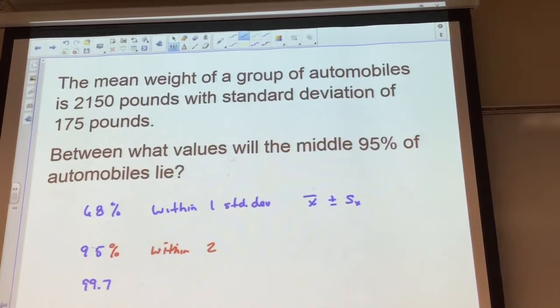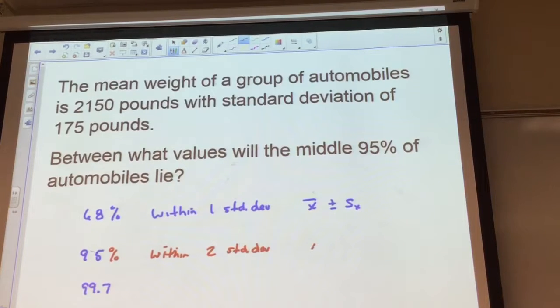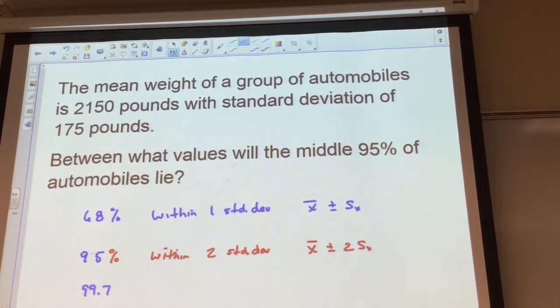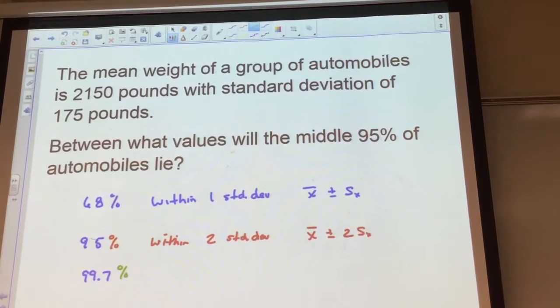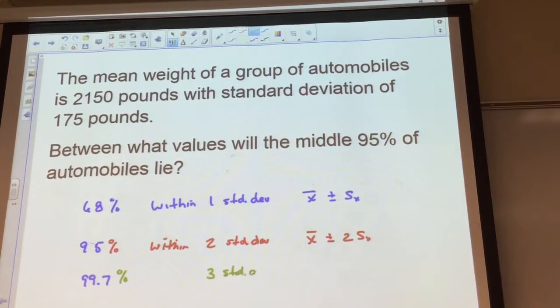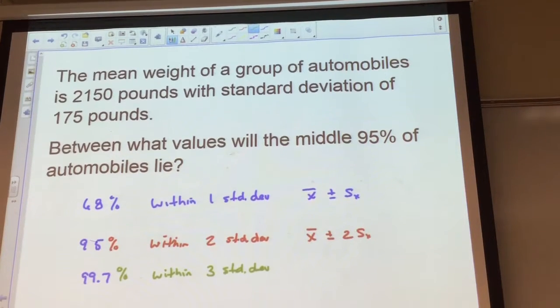So that's within 2 standard deviations. So that means it's X bar plus or minus 2 of your standard deviations. And what's significant about 99.7%? 3 standard deviations. I don't know which percentage value you're going to get, but I know you will get one of them if they want to target the 68, 95, 99.7 rule.